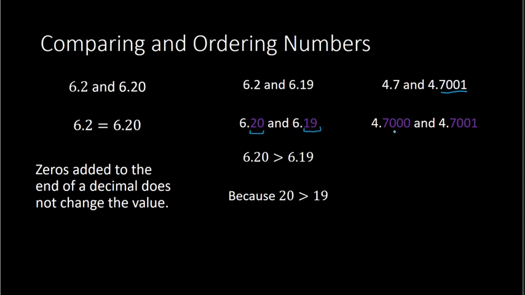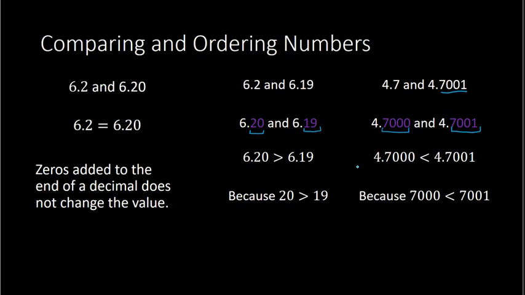So now we have 4 digits after both decimal points. And now we can compare the numbers after the decimal point. We have 7,000 compared to 7,001. Well, 7,000 is smaller than 7,001, so 4.7000 is less than 4.7001.